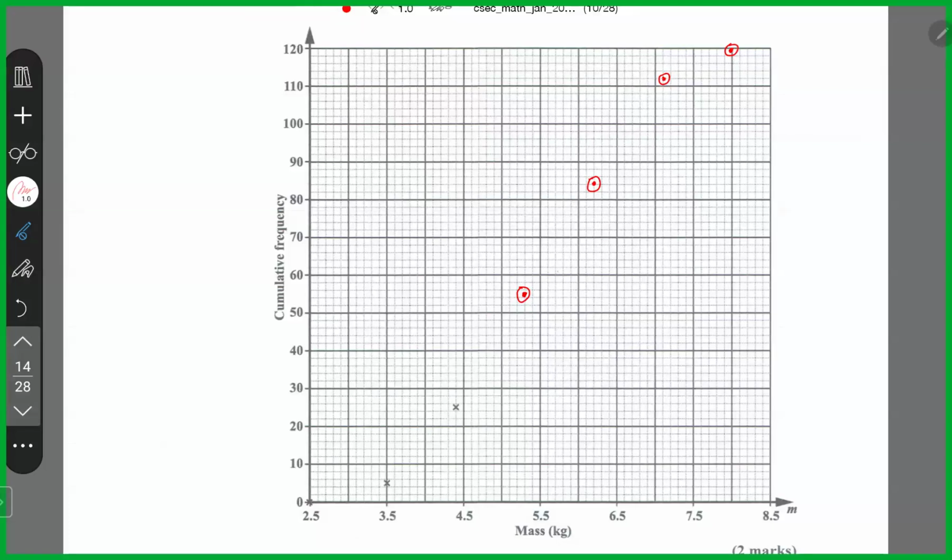So once I have all my points, I can now draw my cumulative frequency curve.